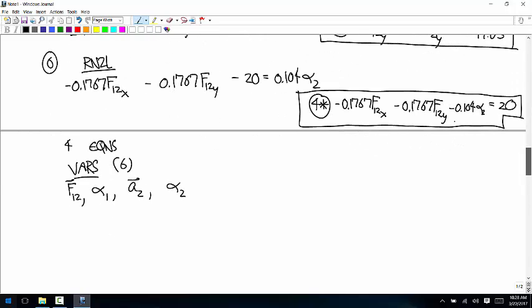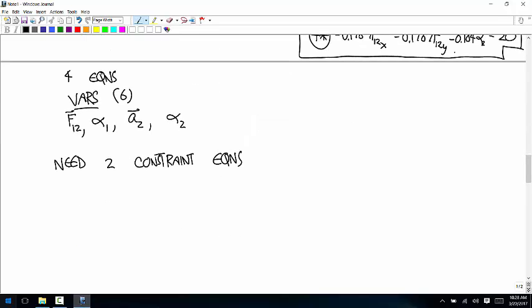I mean, it has to be that way or you couldn't solve it. Okay, so we need 2 constraint equations. And those 2 constraint equations are going to come from saying that the members' accelerations must match at b.